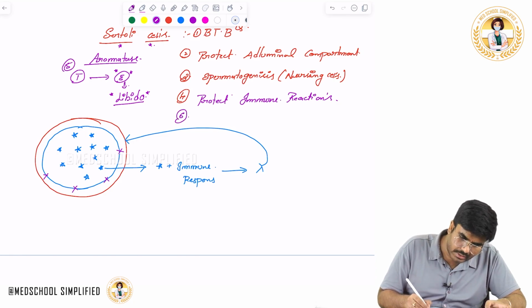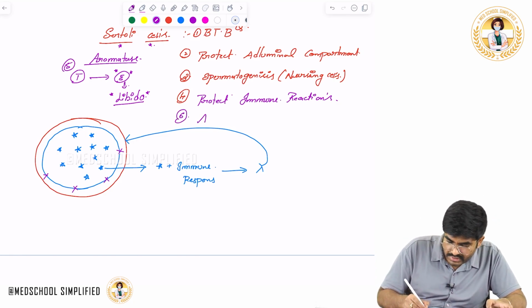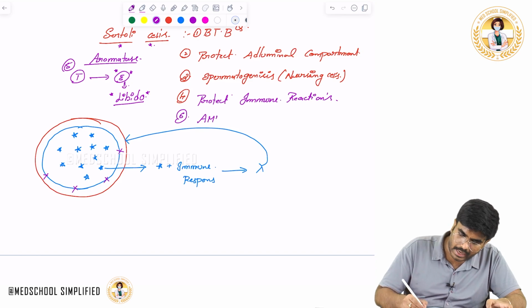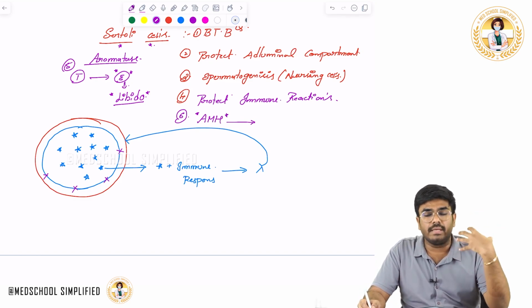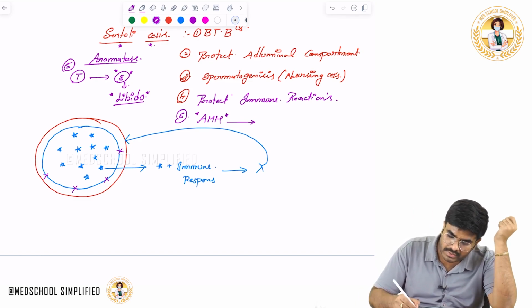Sixth point. Your Sertoli cells produce something called anti-Mullerian hormone. What is this anti-Mullerian hormone going to do? When you are an embryo, even in males, there is something called the Mullerian duct.